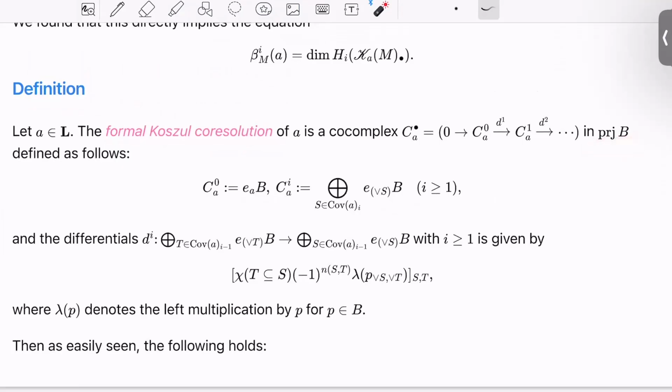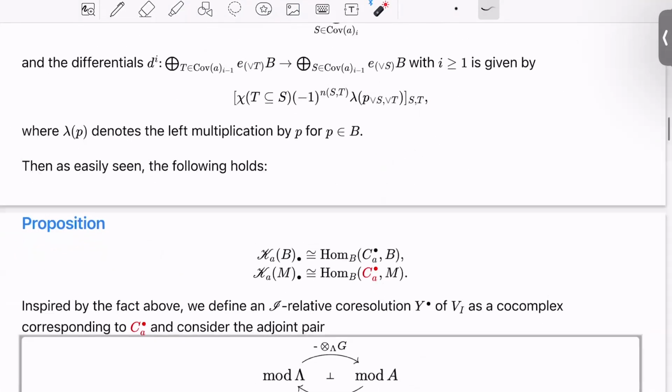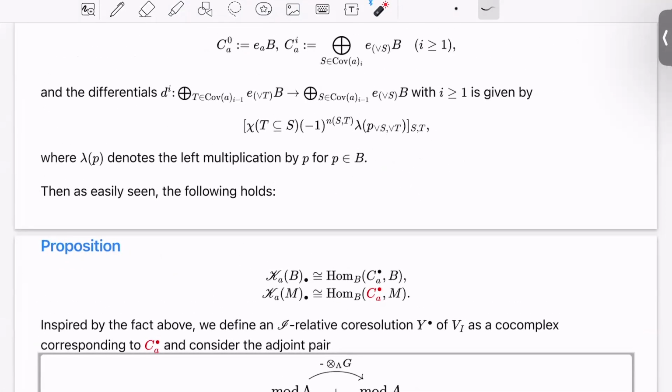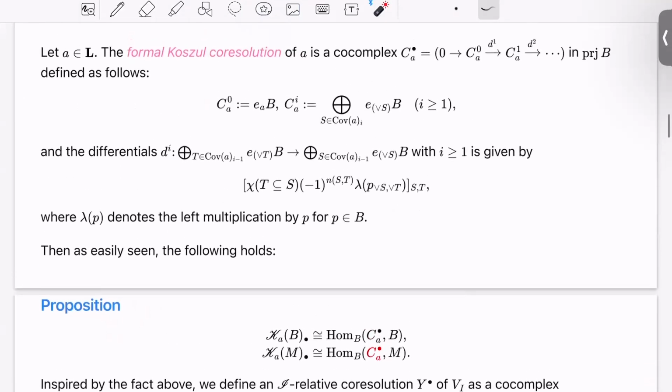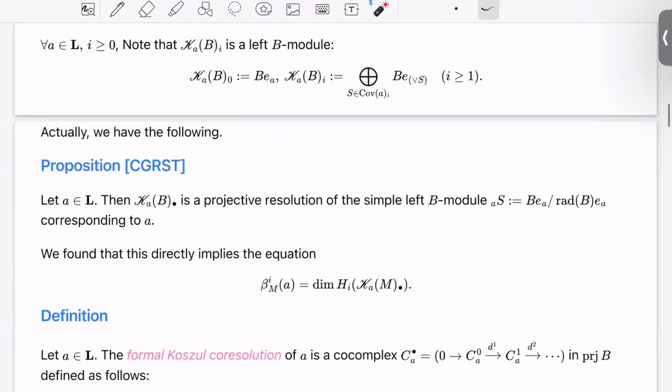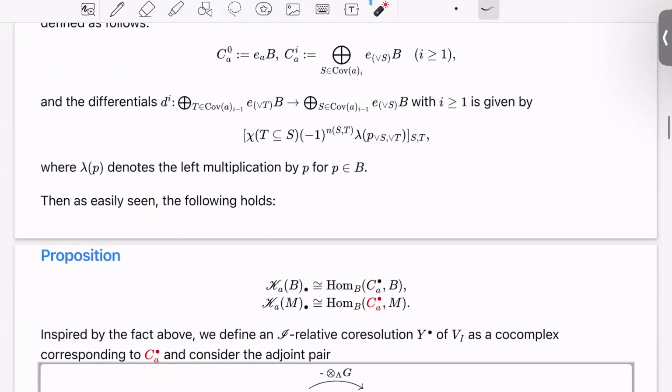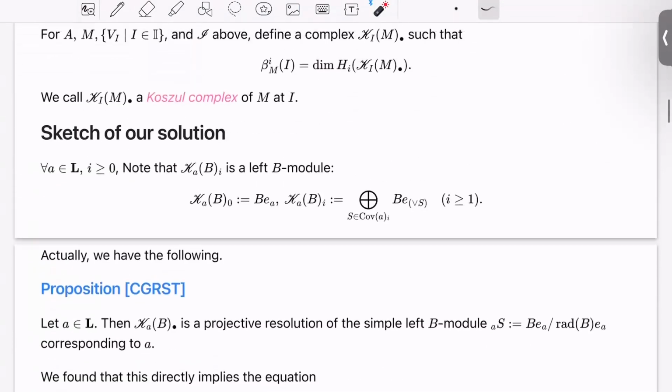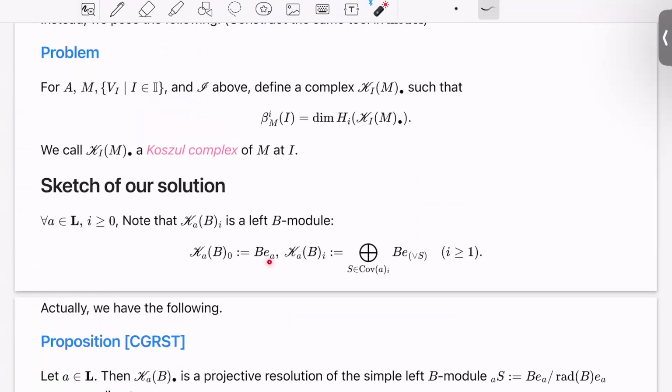It consists of projectives. And then, as is easily seen, the following holds. This B-dual K_A B, which was defined before, is just the B-dual of C_A, just a B-dual, because you see, this is from the right, but it was from the left.